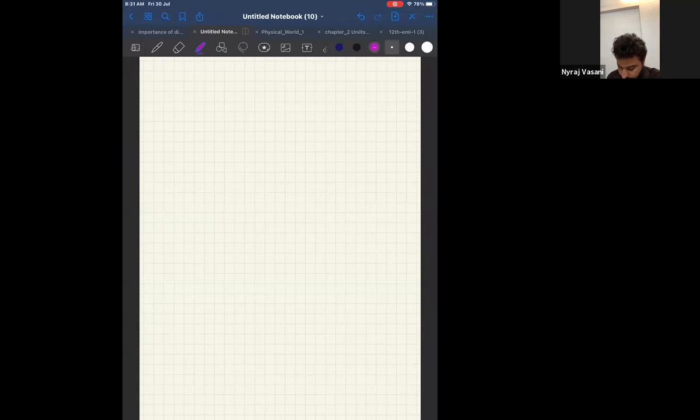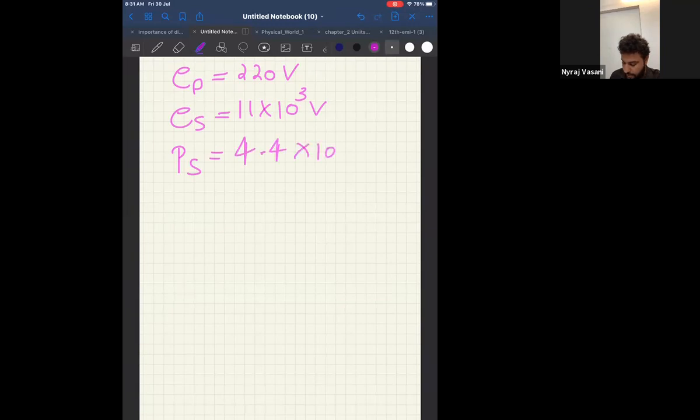Now listen. A power transformer is used to step up an alternating EMF of 220 volt. That means EMF of the primary was 220 volt to 11 kilovolt. That means 11 into 10 power 3 volt. To transmit, so power in the secondary to transmit is 4.4 into 10 power 3 watt of power.